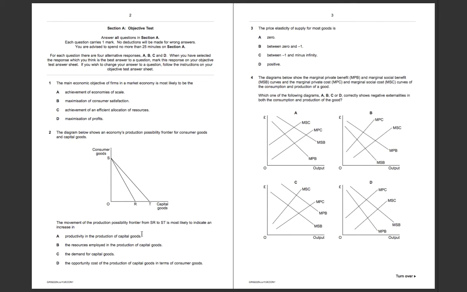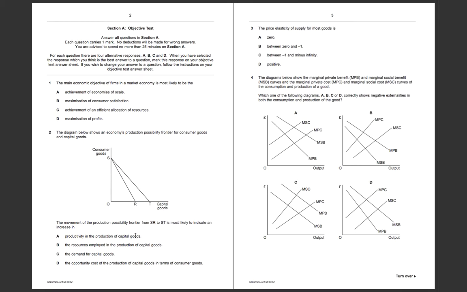Now, A is the correct answer, productivity in the production of capital goods. So, because the country was producing on SR, and now they can produce the same amount of consumer goods, but there's been an outward shift in the amount of capital goods that can be produced from R to T, which has caused the line to move like this.